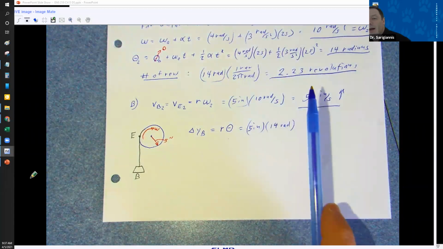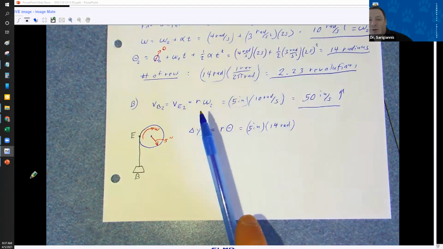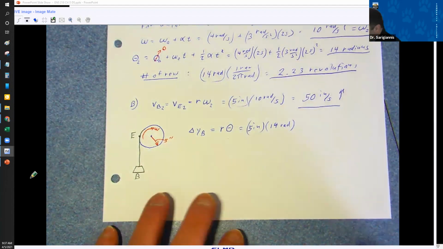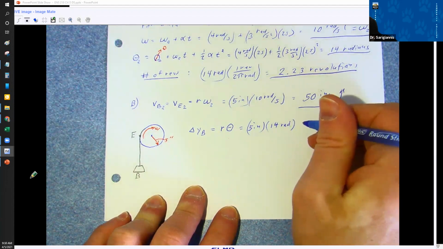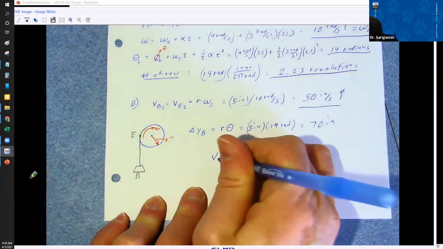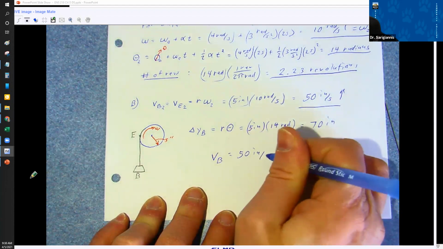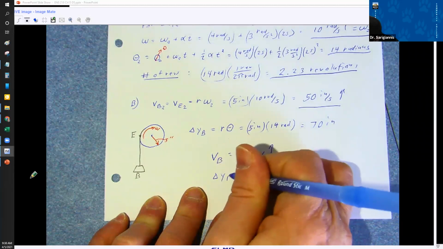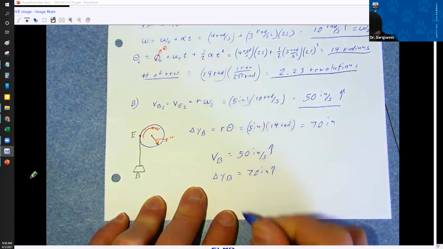You'd have to use your pi to convert revolutions into radians. That's where the equation for the circumference of a circle comes from, 2 pi r, or pi times diameter. So here we have 70 inches. I'll summarize here: VB is 50 inches per second upward, and delta Y of B is 70 inches up.